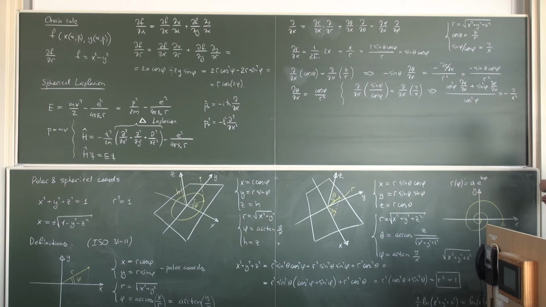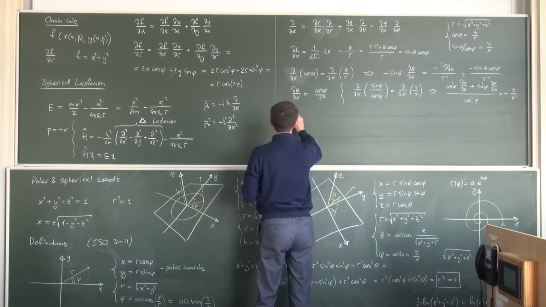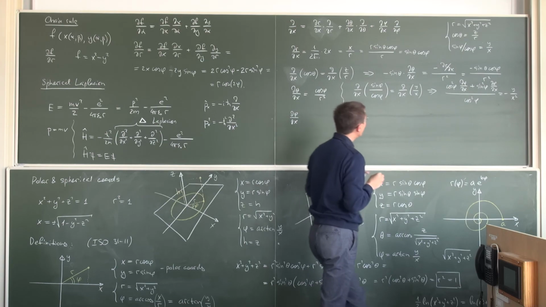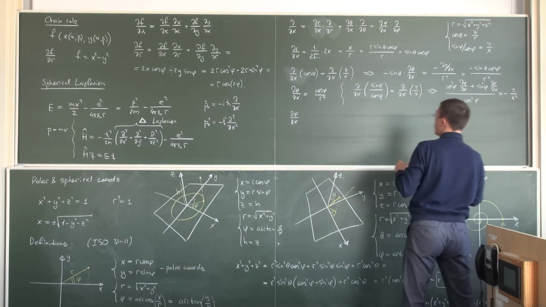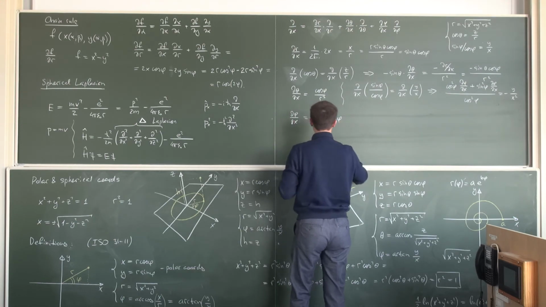Okay. Cosine squared and sine squared give us 1. Cosine squared we will move over there. So we have d phi by dx equal to minus y over x squared cosine squared phi.